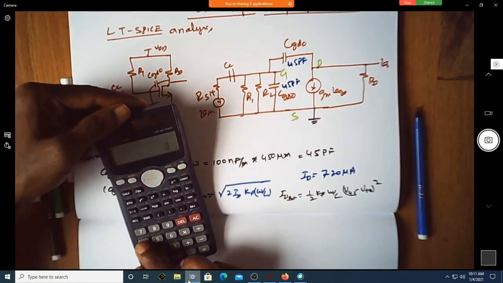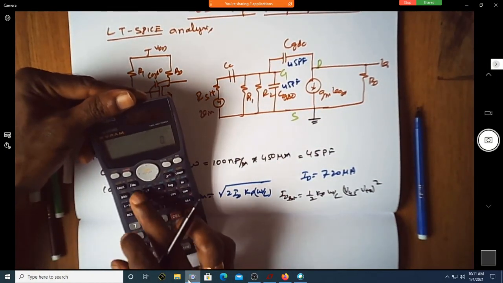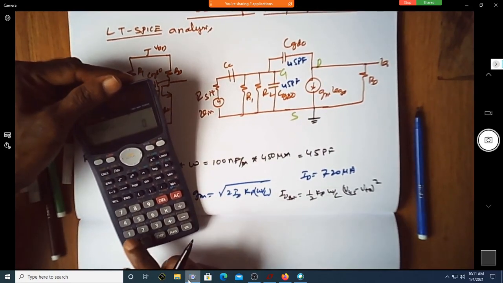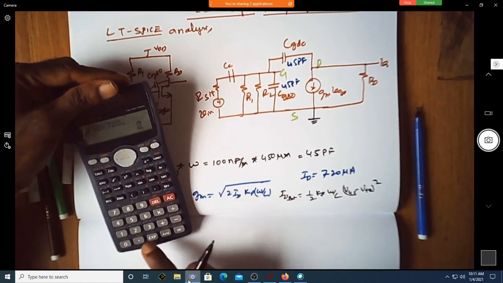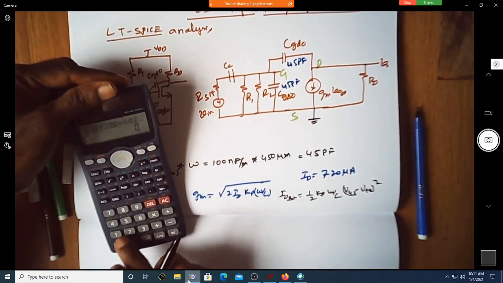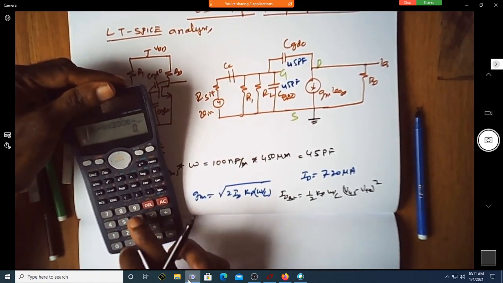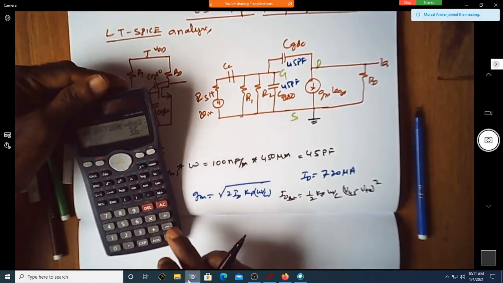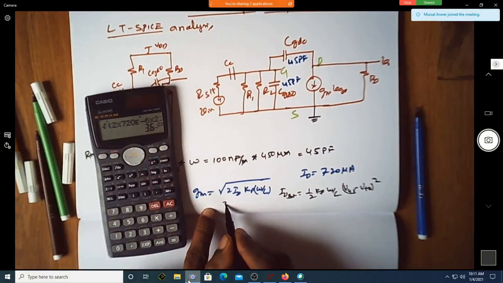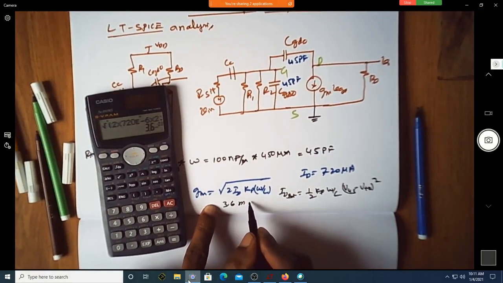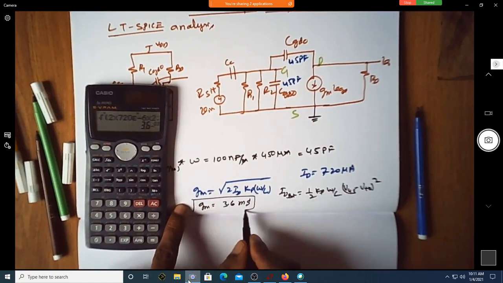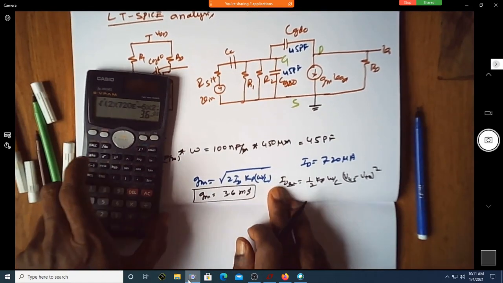It is under root of 2 into ID, which is 720 exponential minus 6, into 200 exponential minus 6 into W by L, which is 45. It is 3.6 millisiemens. Then how do you give a different answer? Do all of you get 3.6 millisiemens?